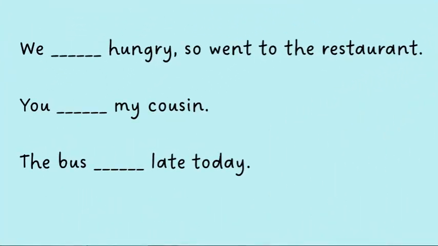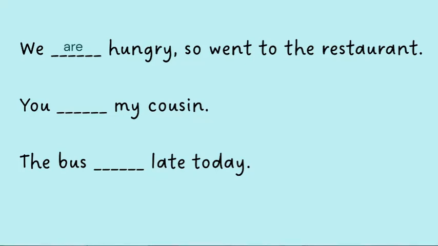We hungry, so went to the restaurant. What form of the verb to be would you use? We is, am, or are? We are hungry, so went to the restaurant. You, my cousin. What form of the verb to be would we use here?